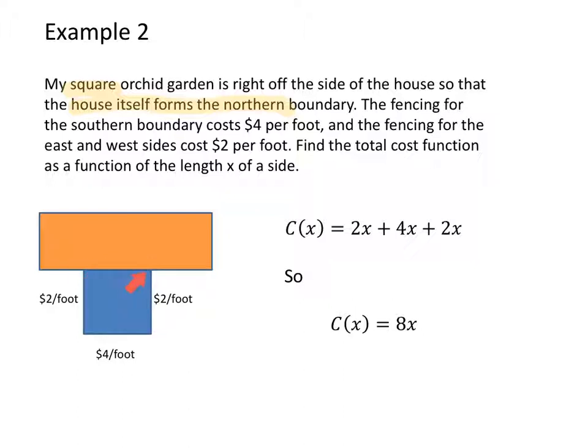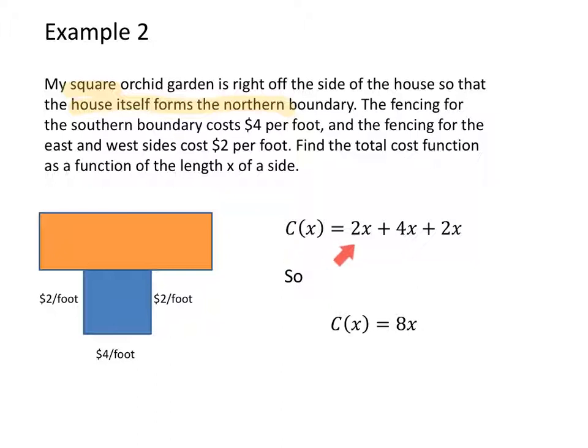So let's start over here in the east. $2 per foot multiplied by x feet. It's going to cost 2x to fence the east side. The southern boundary costs $4 a foot. It's a square, so it's still x feet across. So it's 4 times x to fence the southern boundary, and again, 2 times x to fence the western boundary.